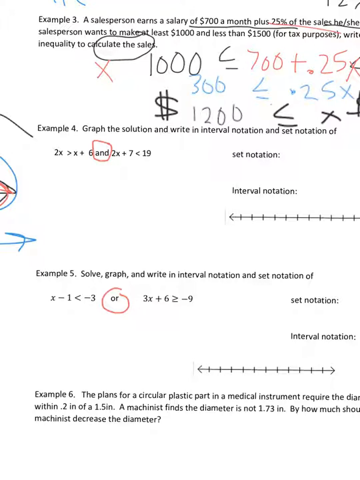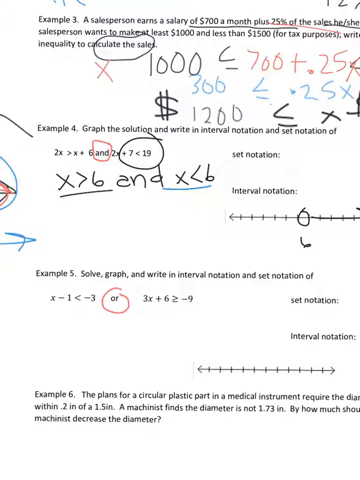So let's do a couple problems of these. If I have this, I'm going to solve it separately. So I'm going to have x is greater than 6, and if I solve this one, x is less than 6. So if I graph this, x is greater than 6, I'm going to make this part black and make this part blue, and x is less than 6.